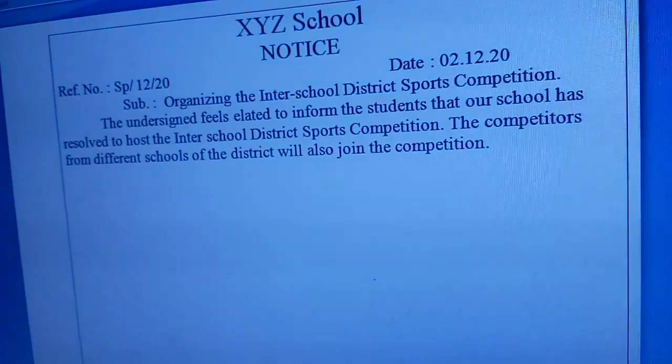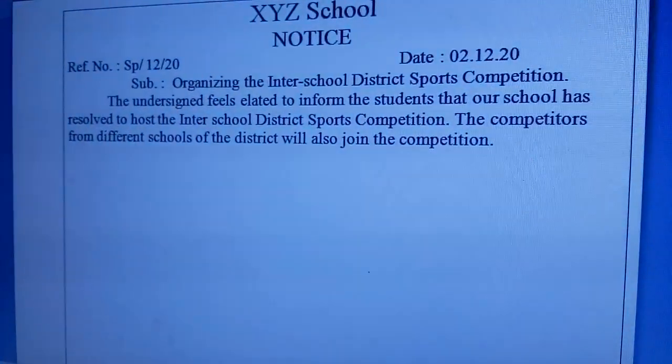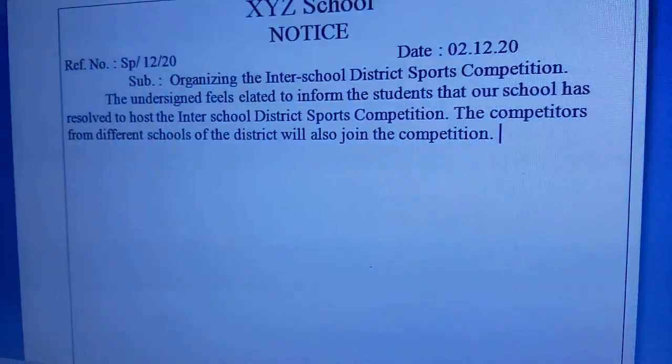The competitors from different schools of the district would also join the competition.